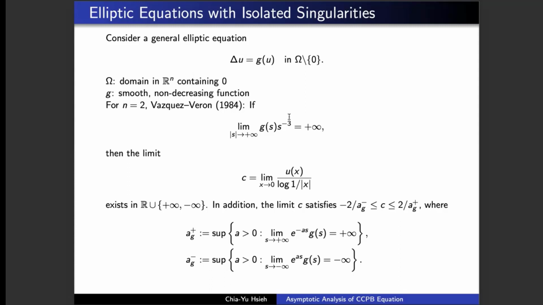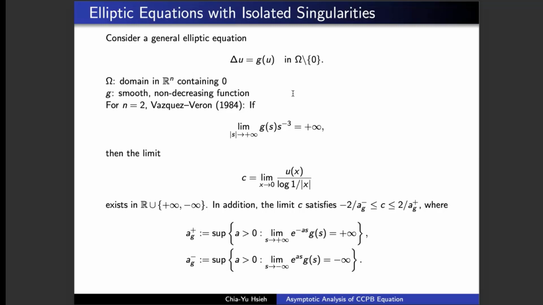To answer this, we first consider a general elliptic equation, Laplacian u equals g of u, which has a possible singularity at some point in the domain. For our case, the Poisson-Boltzmann equation, g of u is c1 times e to the u minus c2 times e to the minus u.